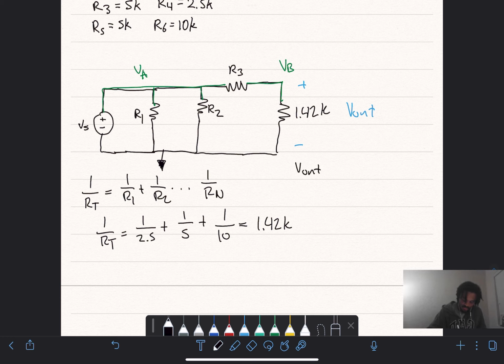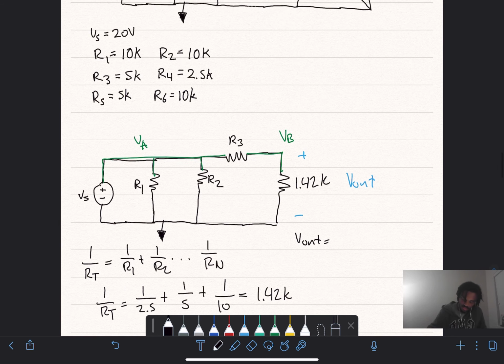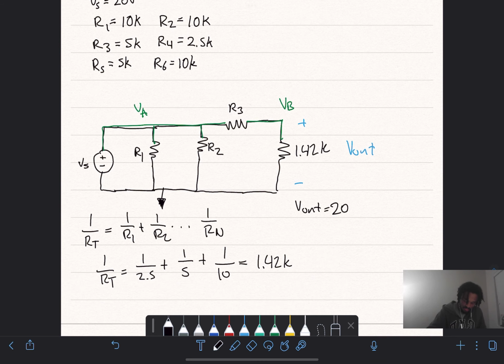V out is equal to the source voltage, the voltage being divided. Our voltage was 20. Times R2, 1.42K, over R3 plus 1.42. R3 was 5.